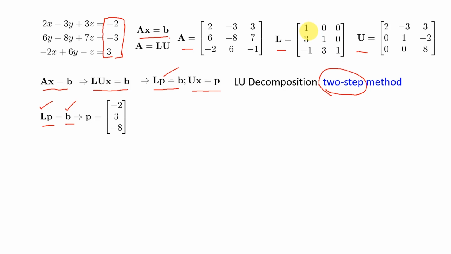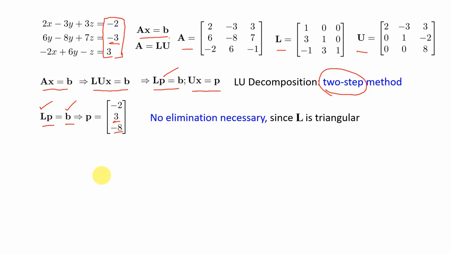So you start from the top. First you find the P1, that should be equal to -2. Then 3 times P1 plus P2 should be equal to -3. And from that you get the P2, and similarly you get P3. There is no elimination step involved here.